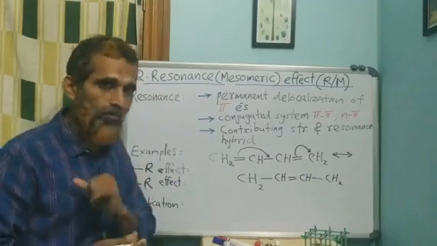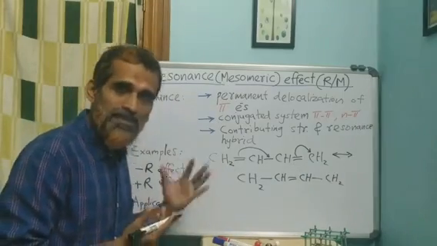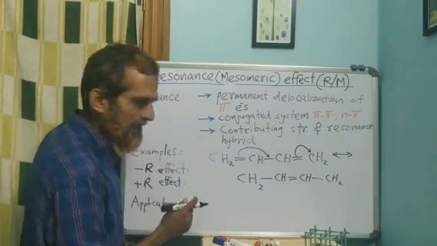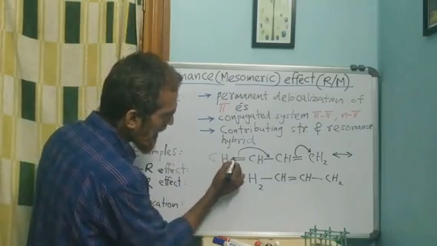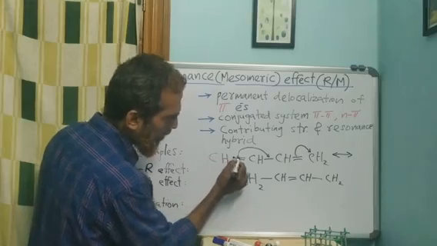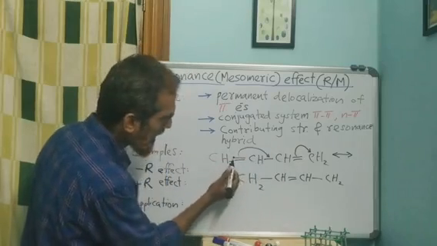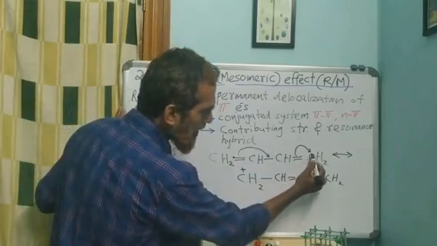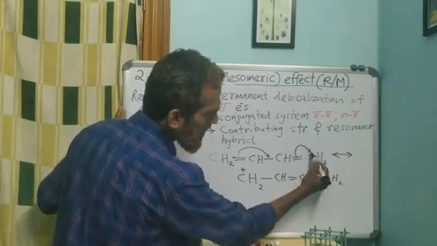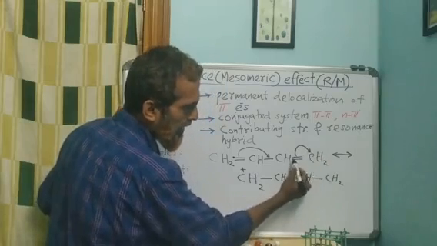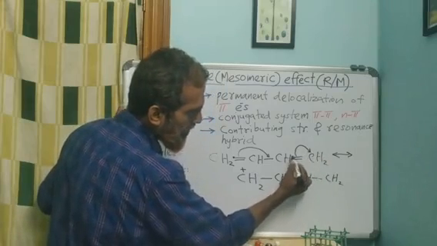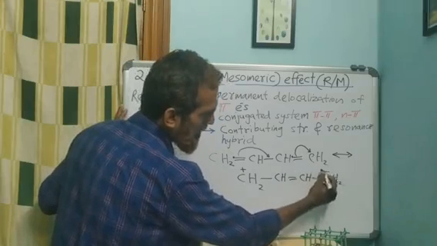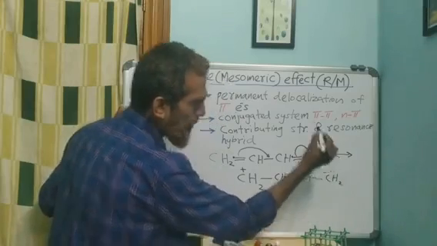Is it over? No. What is left out? We should put charges because there is charge separation here. See, this electron belongs to this carbon. When the bond shifts, this carbon is losing this electron, so this carbon gets a positive charge. And here, when this bond shifts fully to this carbon, it is getting this electron extra, so there will be a minus charge here, and we represent generally this as a lone pair.